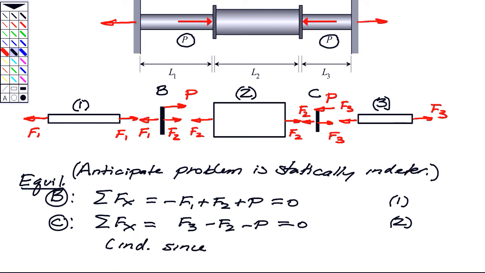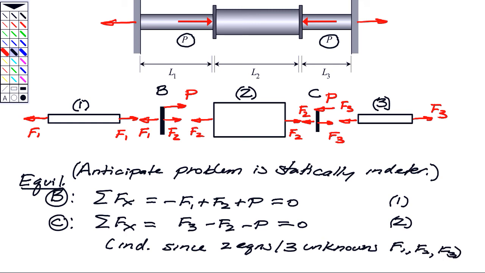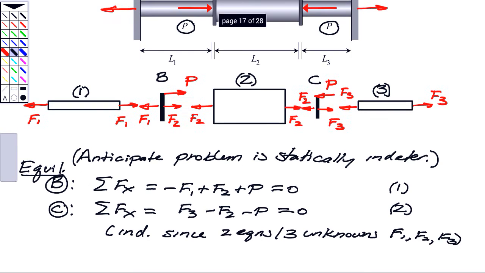Here we have 2 equations for equilibrium with 3 unknowns, and the 3 unknowns are F1, F2, and F3. Let's not worry about that yet, but just know that that is an issue here.